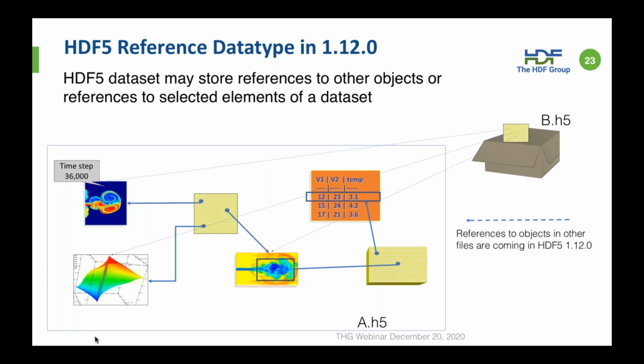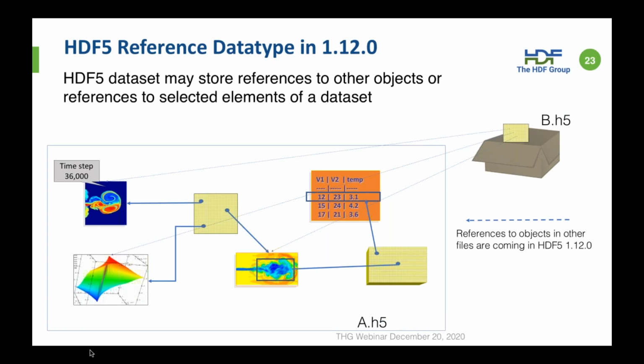You could not reference, in 1.10 and before, objects that are stored in another HDF5 file, or references to dataset regions stored in another dataset in another HDF5 file. So with 1.12, this limitation is lifted, and now it works with external files.